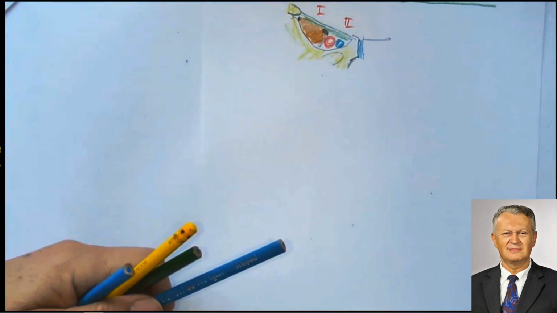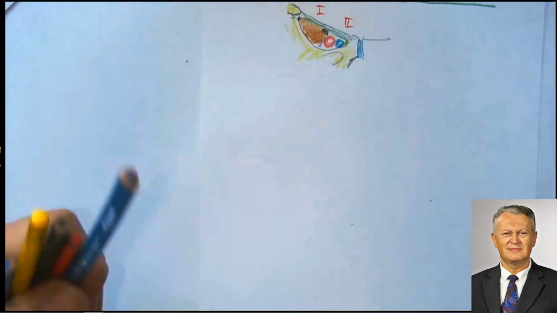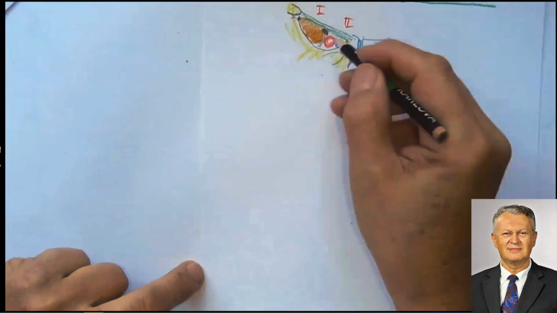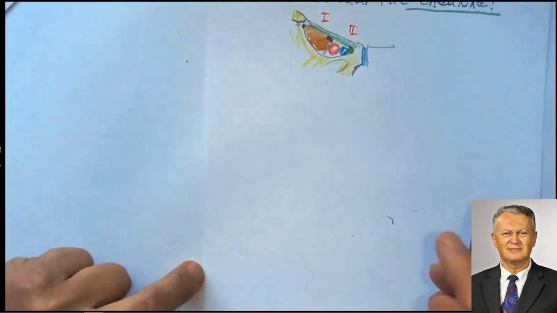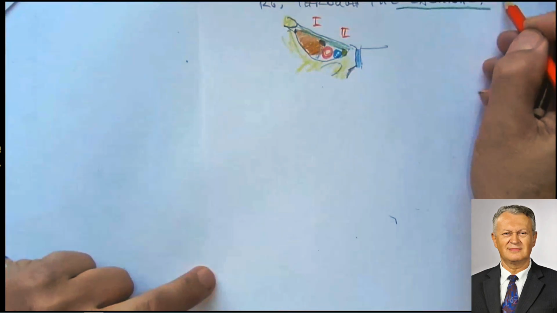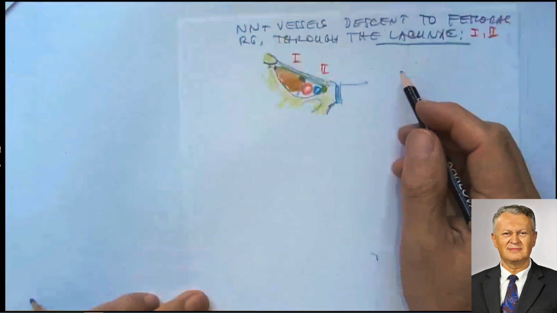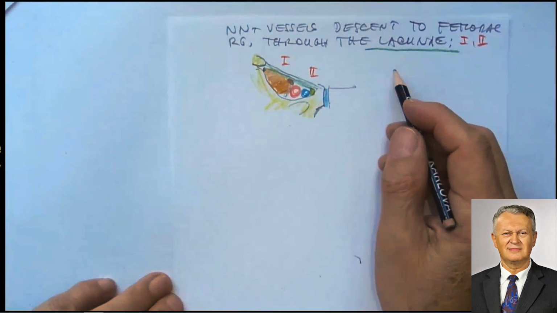And there is also the lymph node. So there are two lacunae, number 1 and number 2.